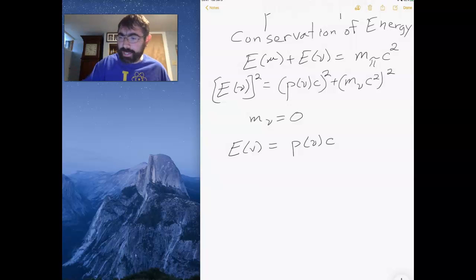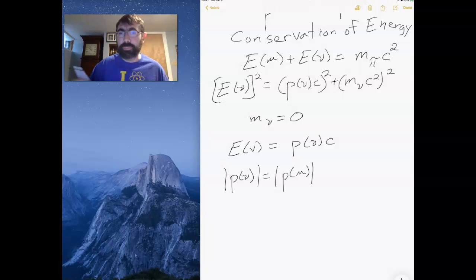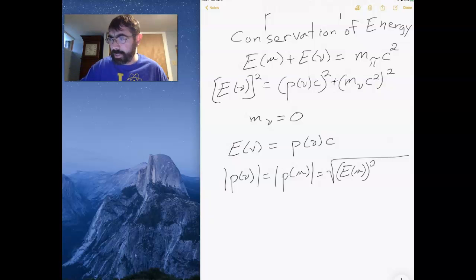Okay, so the magnitude of the momentum of the neutrino should be equal to the magnitude of the muon from conservation of momentum, which means that this is now equal to the square root of the energy of the muon squared minus the mass of the muon c squared quantity squared.